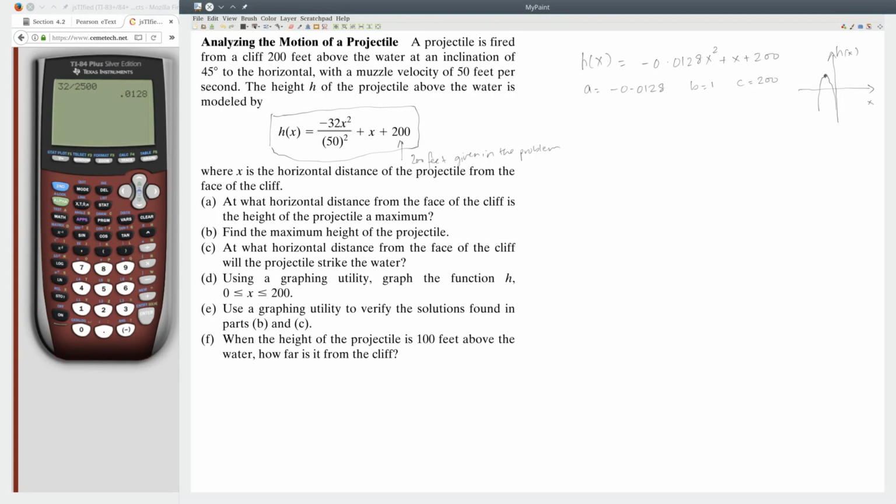So our objective is to find that maximum height, and that maximum height corresponds to the vertex. So the horizontal distance where the height is maximum is obtained using the vertex. The vertex is h, k. The x value would correspond to the horizontal distance, and the y value would correspond to the maximum height.